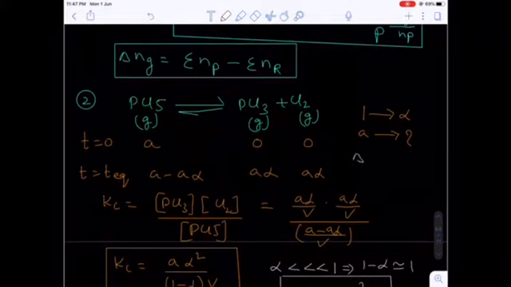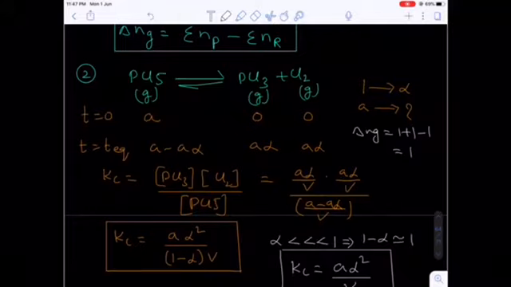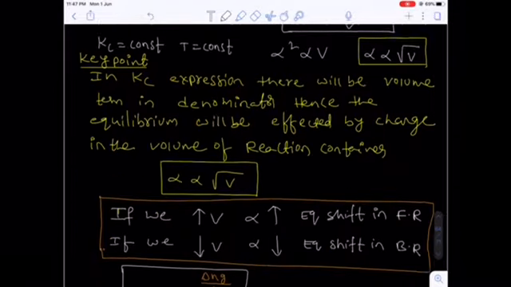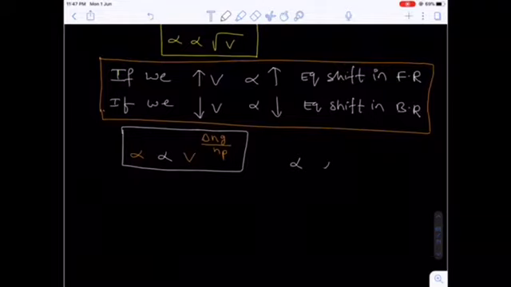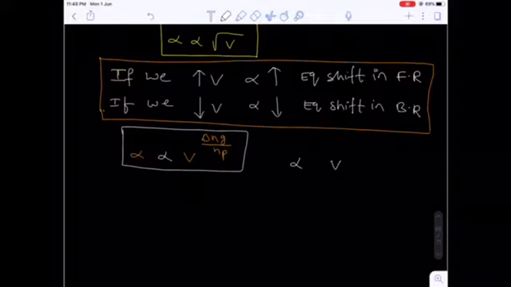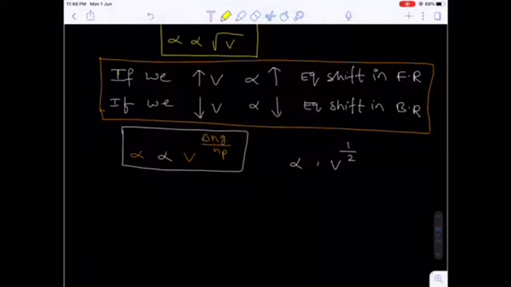What is the delta Ng in this expression? Delta Ng is equal to number of moles of gaseous products minus reactants. So delta Ng value is how much? 1. And how many gaseous moles of product will be there? 2 moles. Now here alpha is directly proportional to V to the power delta Ng, which is 1, by number of moles of product, which is 2.